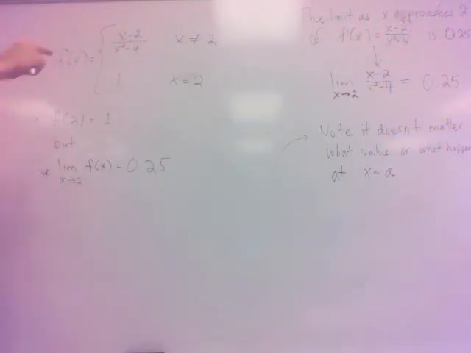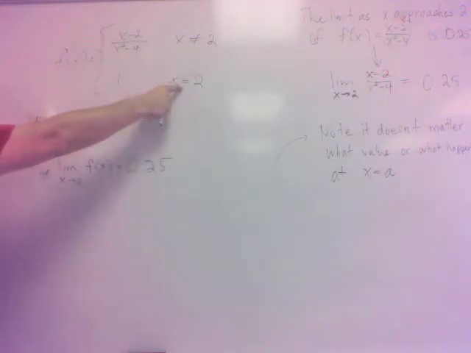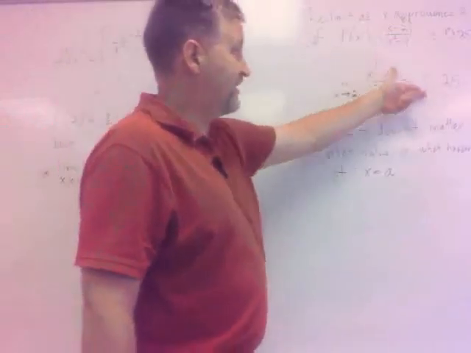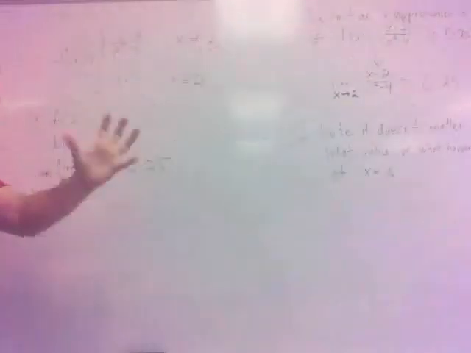It doesn't really matter what happens at 2, you see, because on the other one, it didn't matter what happened because it was undefined there, but it still had a limit, you see. So that just, again, emphasizing the fact that sometimes your function value may not even match your limit. And we'll speak to that a lot more later. But anyway.